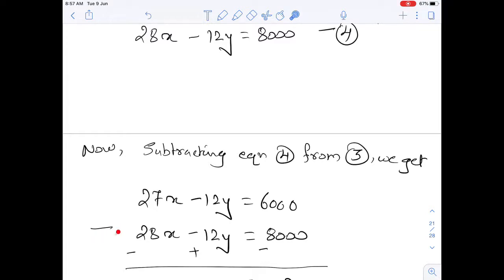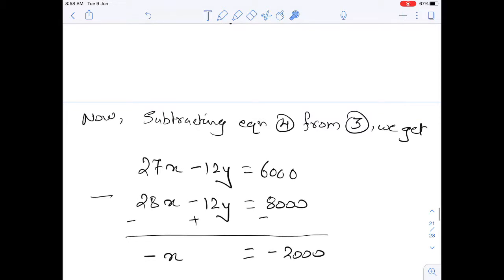Now when we write a minus sign here, all the original signs will change. Right now 28 has a positive sign, but because of this minus it will become minus. This 12y has a minus sign, but because of this subtraction it will become plus. 8000 has a positive sign, because of this minus it has become minus. Now let us subtract it. 28x minus 27x is 1x.